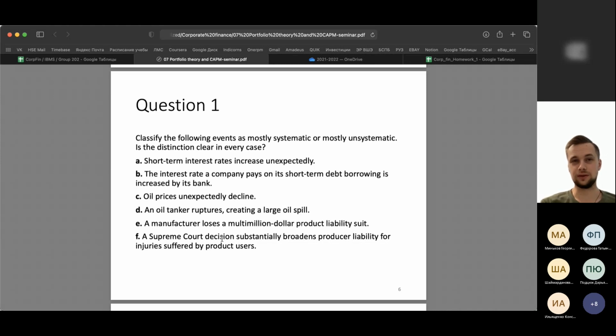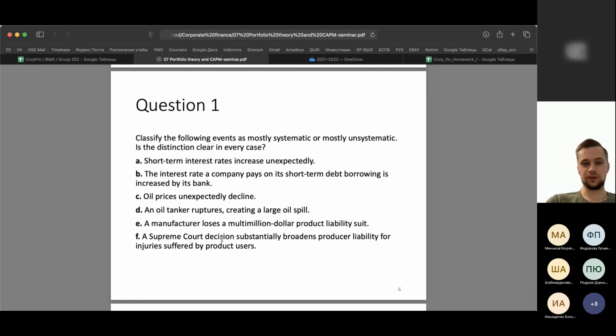Yeah, for example, take Switzerland. I don't think that oil price risk is a systematic risk for Switzerland. There are some companies that are dependent on oil prices somehow, but it is mostly unsystematic in this case. But for Russia, it is actually a systematic risk.